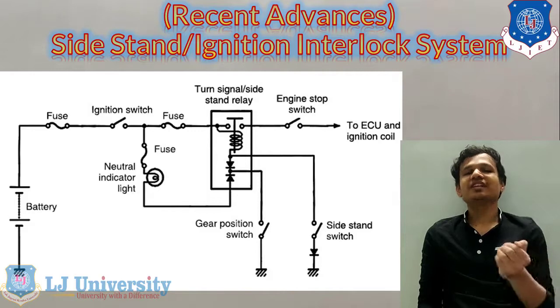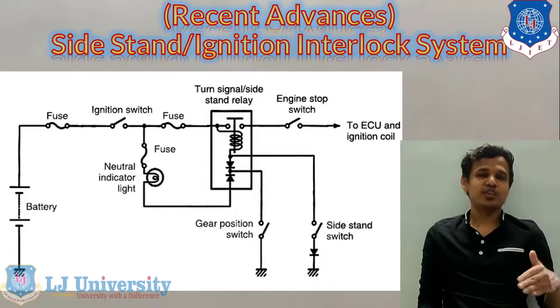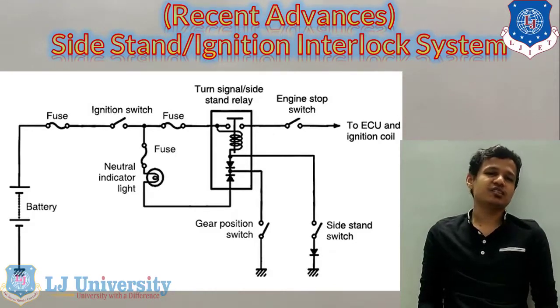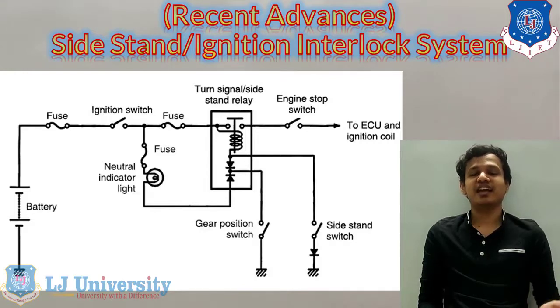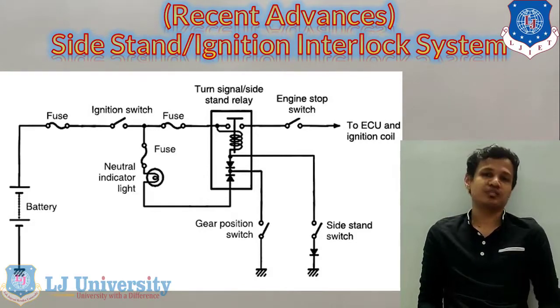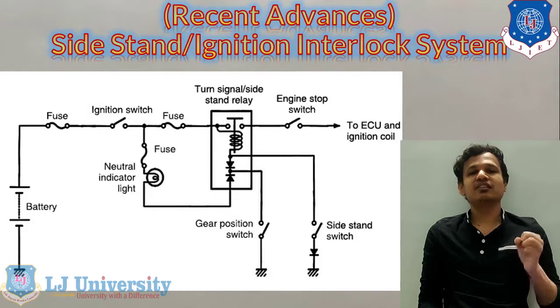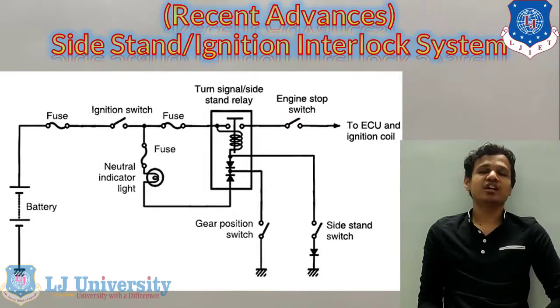In the case of the recent advances that we are using in the vehicle, the first one is the side stand and ignition interlock system, in which whenever our side stand is in the downward position, the ignition will not start.